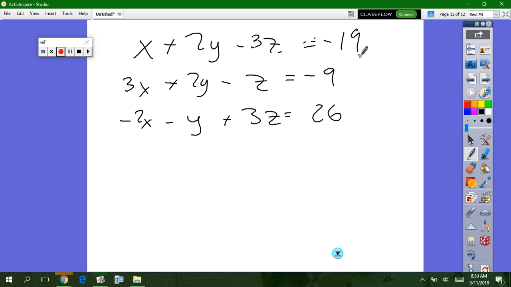So I'm going to go ahead and say, all right, I have negative x. This is, by the way, row 1 plus row 3. I have negative x plus y equals 7. Well, what would I need to do to get rid of another z?